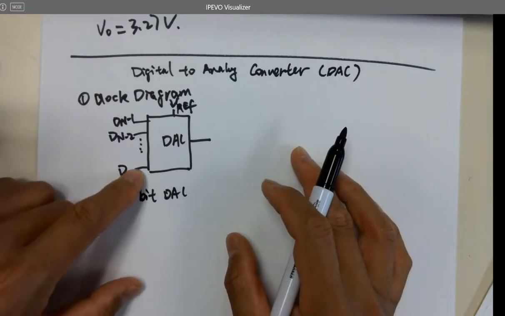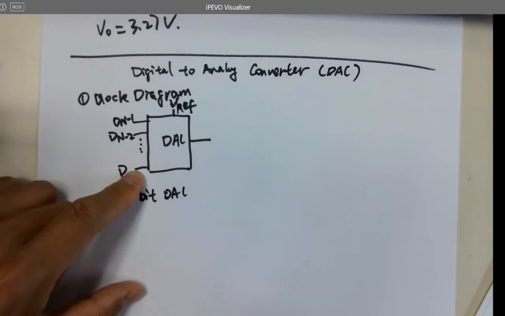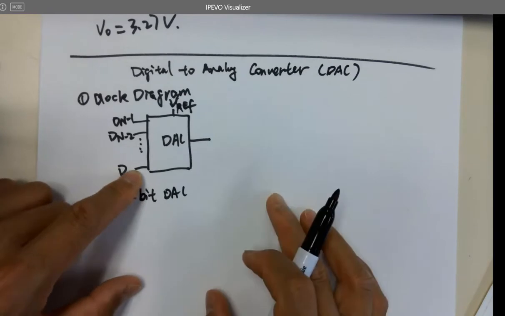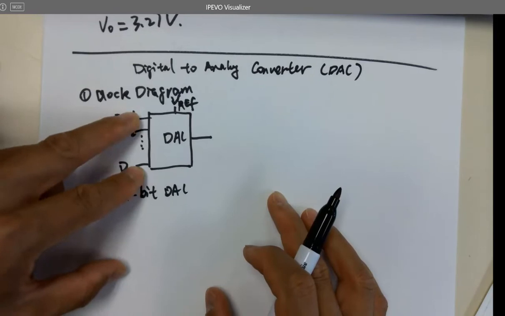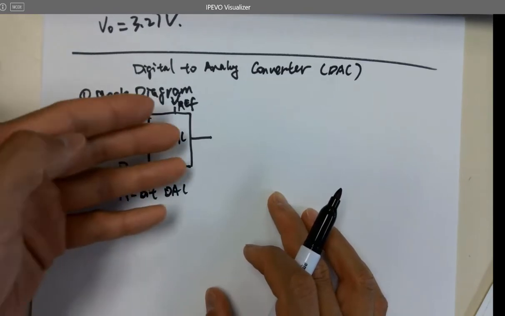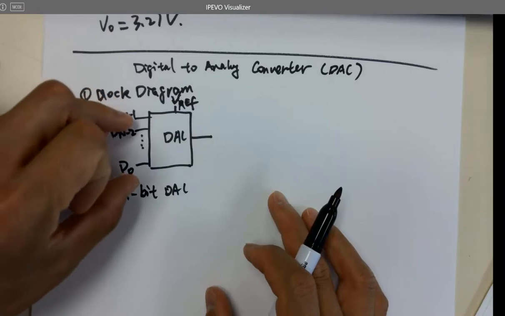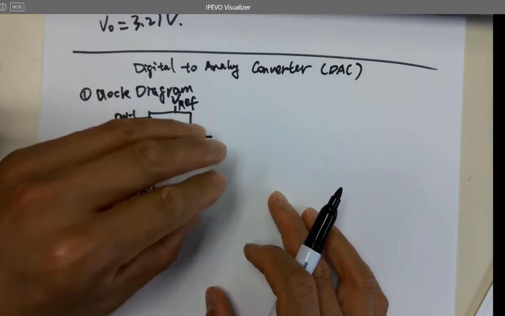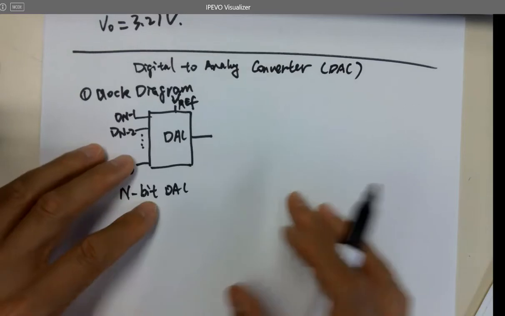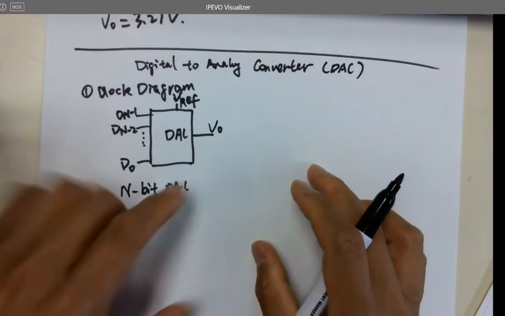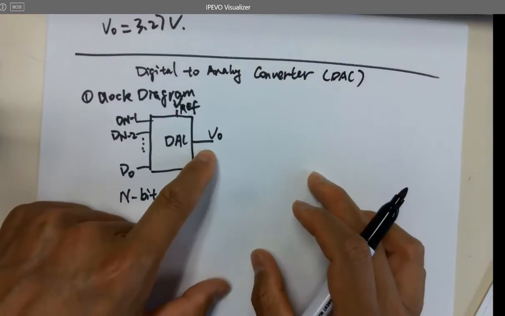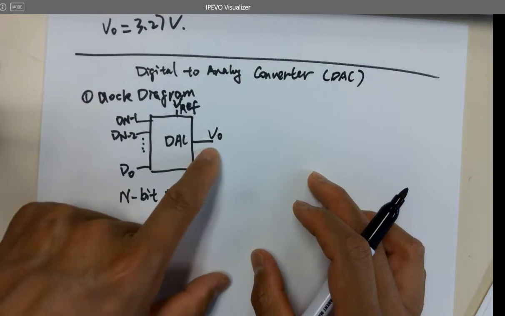In digital circuits, there are only 2 different types of voltages, 1 or 0. So these lines are 1s or 0s, and these are digital inputs to the DAC, and the DAC converts that digital signal into how many analog signals? 1.